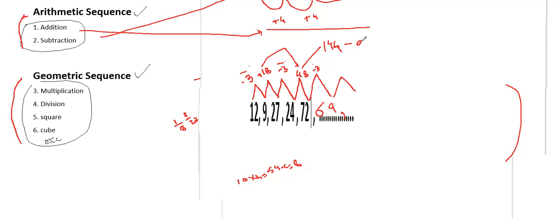So 69 plus 135 should be our next number. We can again use a calculator for this. 69 plus 135 should be 204, the next number.